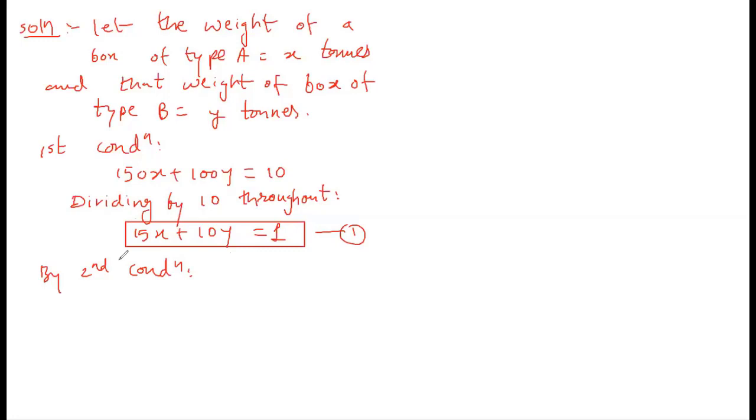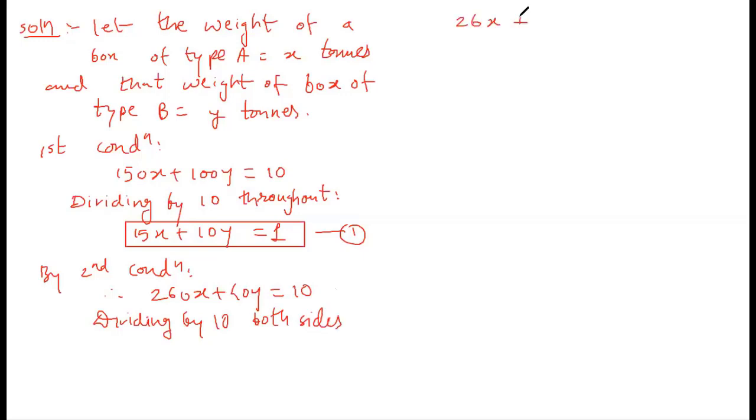So therefore, we write 260x plus 40y equals 10. Again, we divide both sides by 10. The equation becomes 26x plus 4y equals 1. So this is our other equation. Let's call it 2.